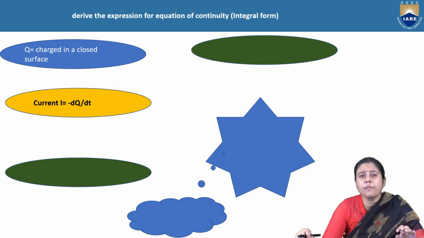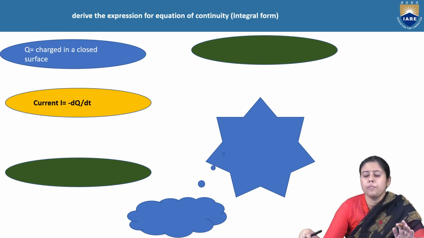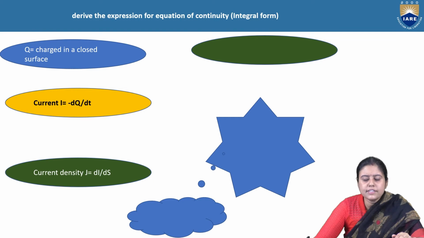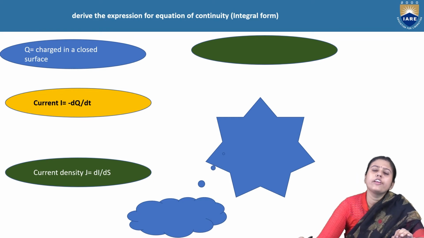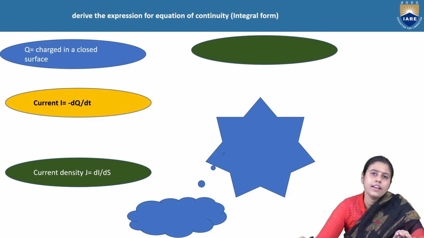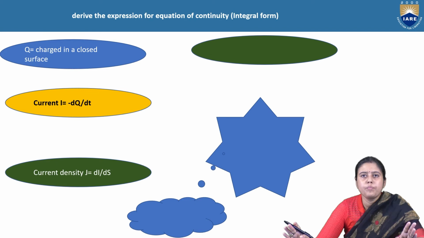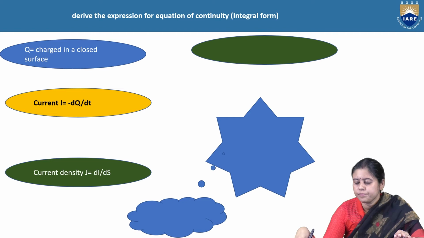In case of EMF, the direction has huge importance. So what is current density? According to the definition, current density means current per unit surface area, because the general tendency of the charge is to lie on the surface of a medium. So we can say that the current density J equals di by ds, current per unit cross-sectional area, unit surface area.